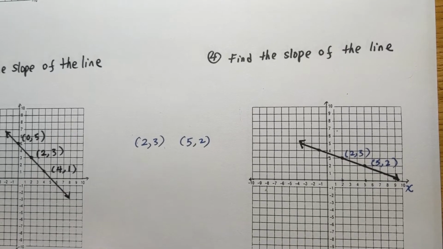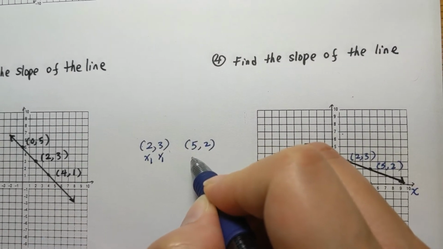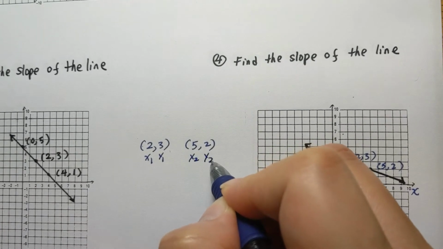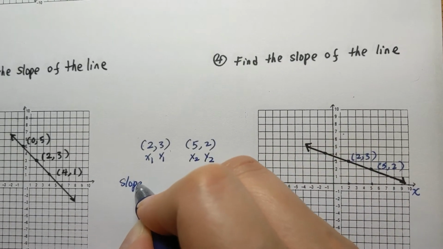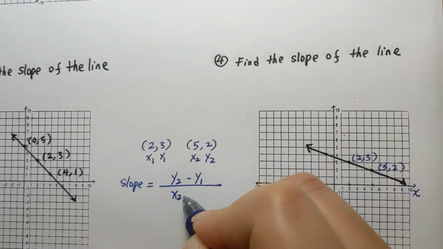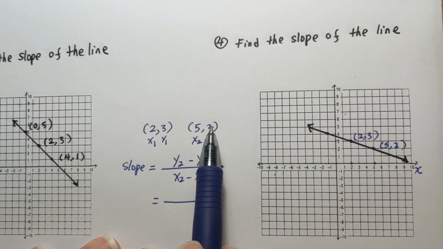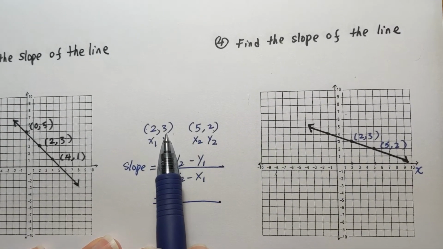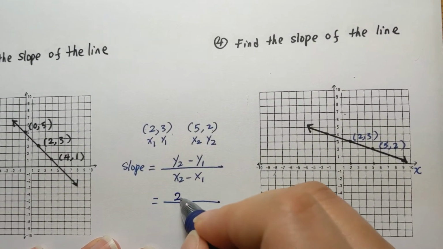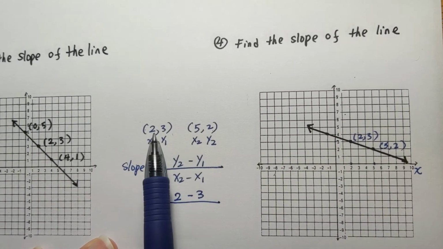Now you are going to call the first one x1, y1, and the second x2, y2. So the slope equals y2 minus y1 over x2 minus x1. Now we're going to do 2 minus 3, then we go to the x, 5 minus 2.